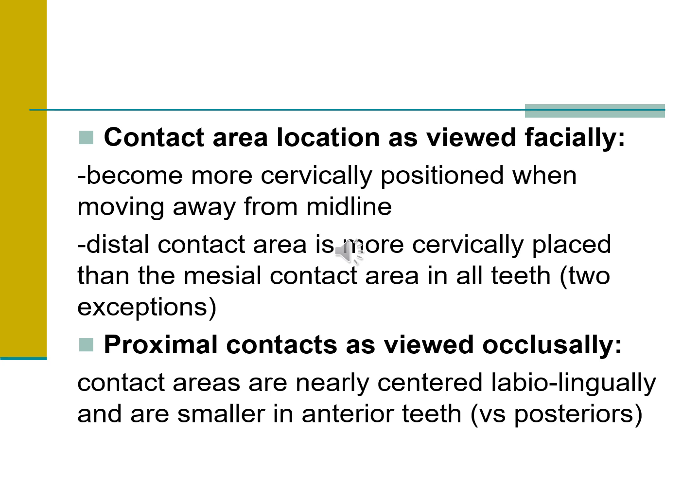The mandibular permanent central incisors have both mesial and distal contact areas at the same level because they are bilaterally symmetrical. The other exception is the mandibular permanent first premolar, the mandibular 4, where the mesial contact area is more cervical than the distal contact area, and this is the only exception.